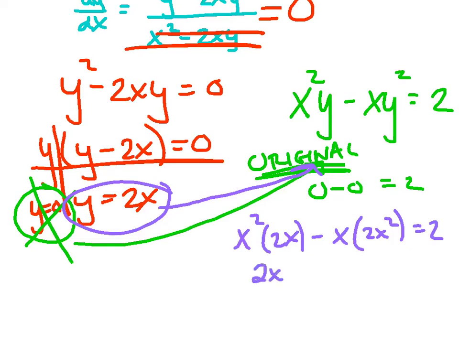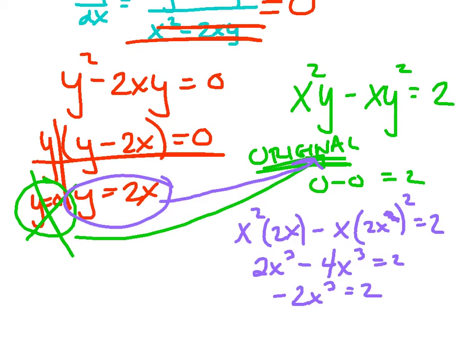What does that get me? 2x cubed minus 4x squared times x, so it'll be 2x cubed minus 4x cubed, which is negative 2x cubed equals 2.